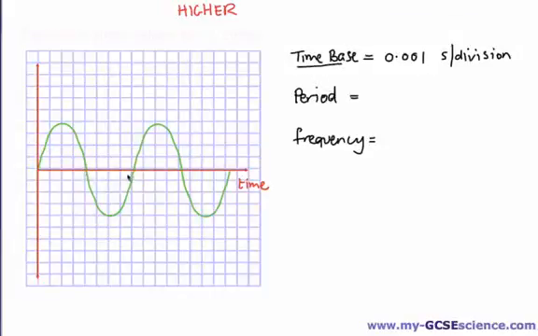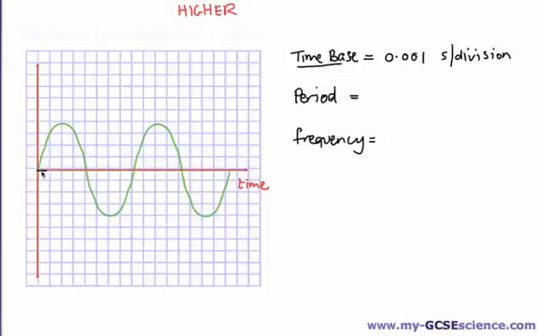I haven't given you any readings on the x-axis, the time axis here, so how are we going to work out the time taken for one cycle? Well, we can use this thing called the time base, and that tells us that the readout gives us 0.001 second per division. So every division we have here is 0.001 seconds.